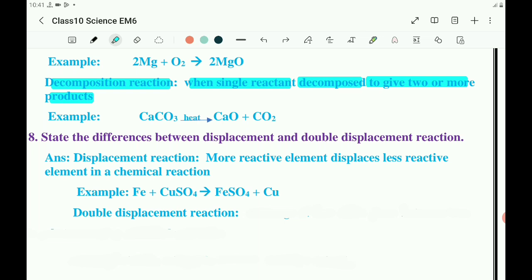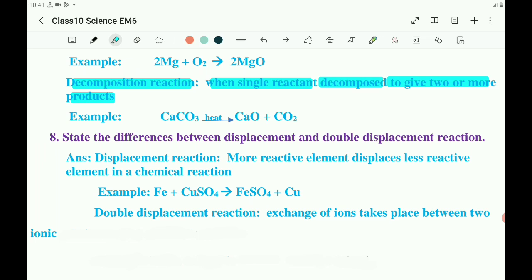So let us write what is double displacement reaction. That is, exchange of ions takes place between two ionic substances in a chemical reaction.